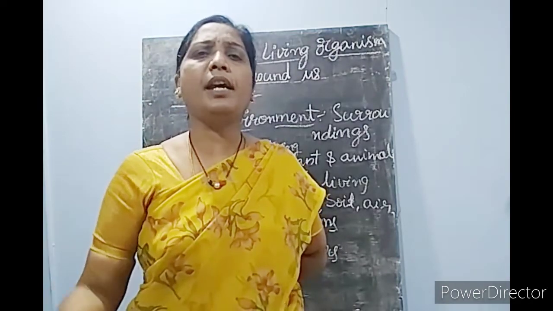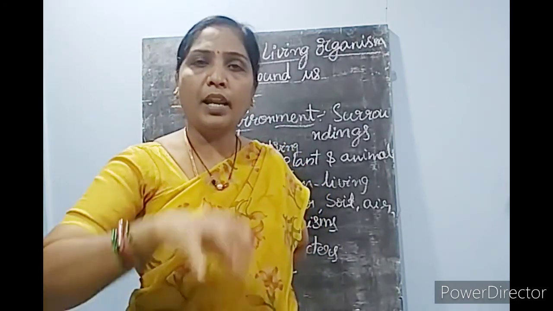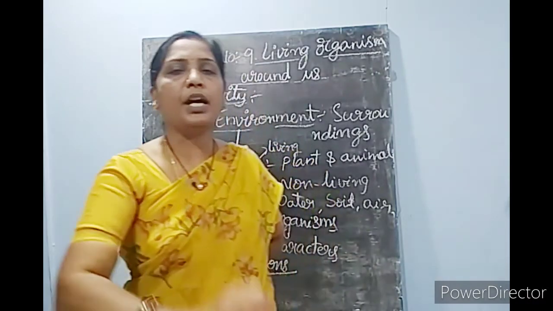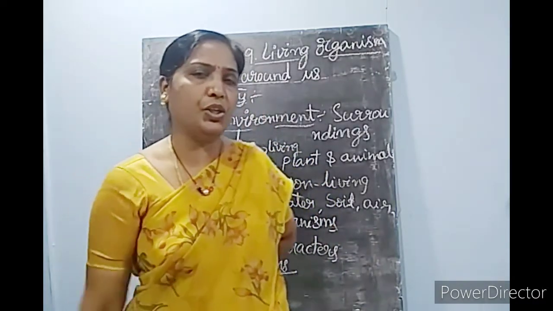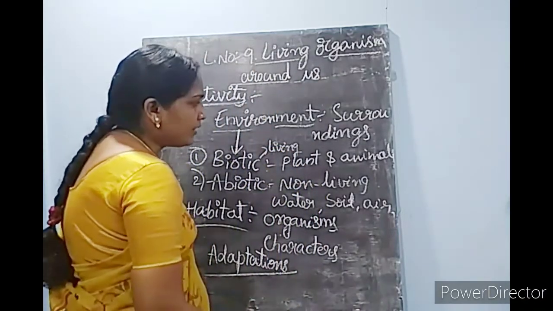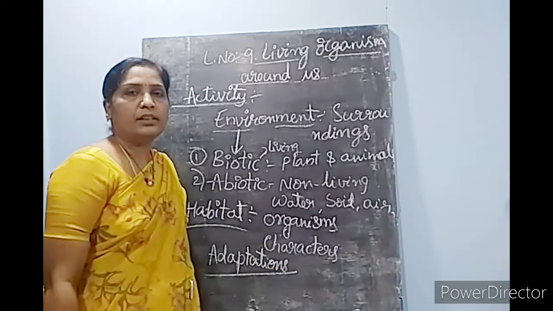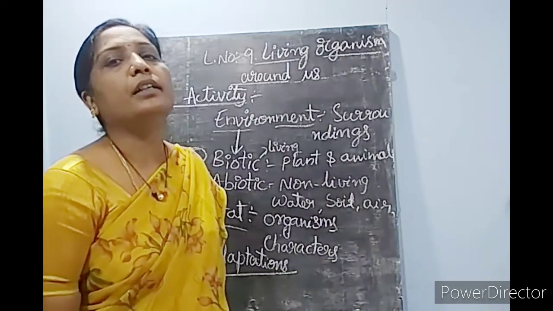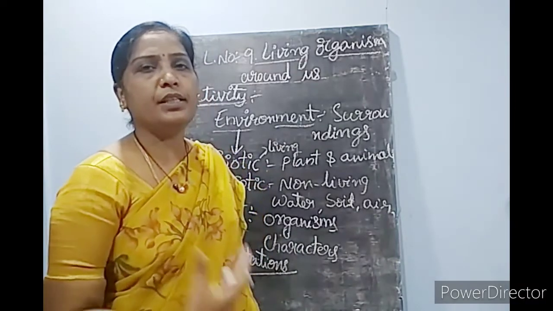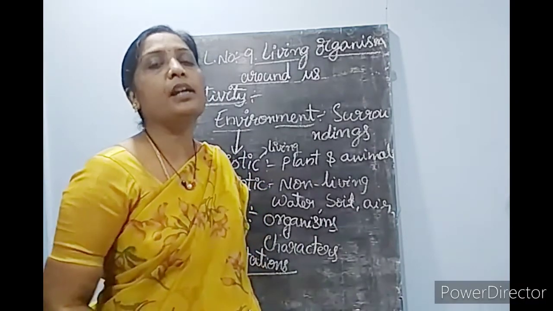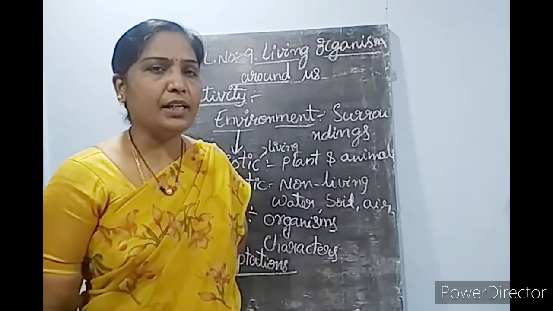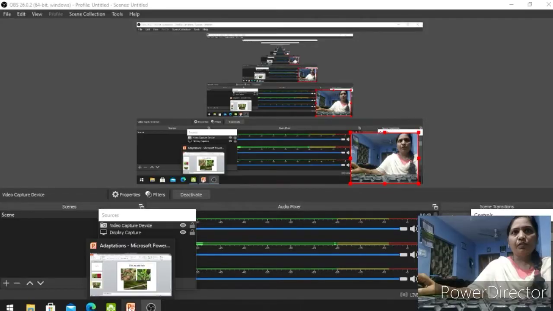Like this we have different habitats, and different living organisms live there, showing different adaptations. Now we'll discuss the desert and grassland habitats, and what type of adaptations the organisms living there show. I'll show you in the PPT, you will understand better.